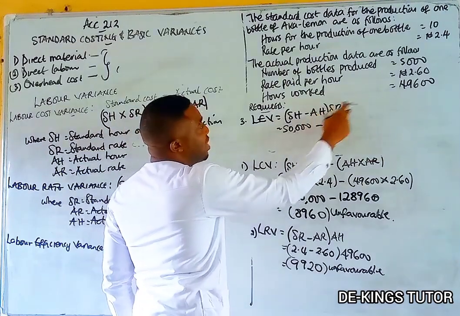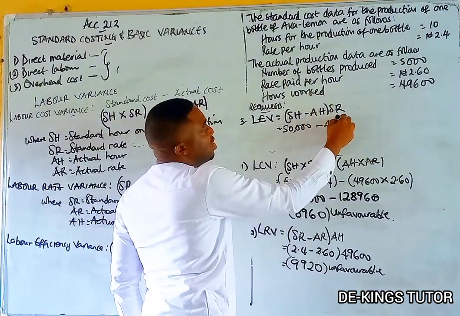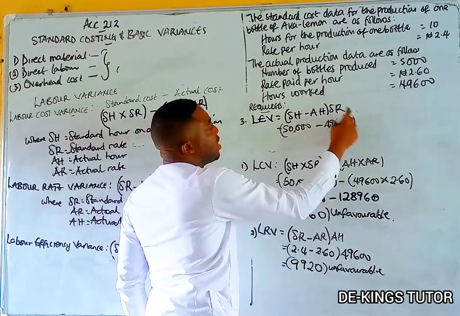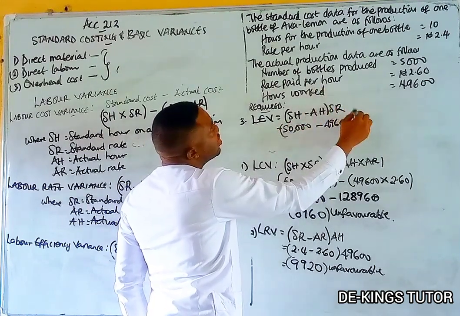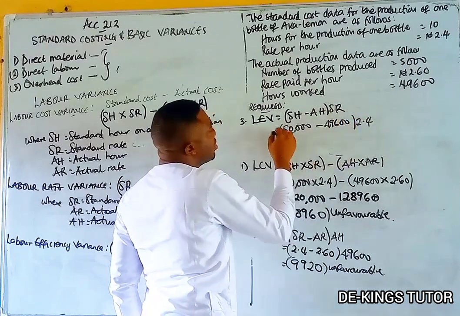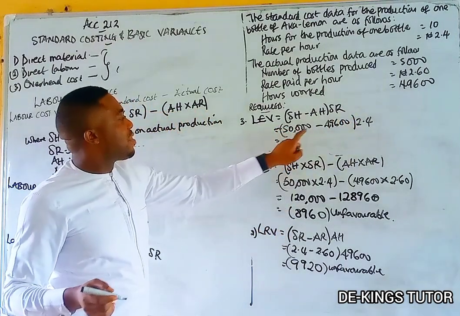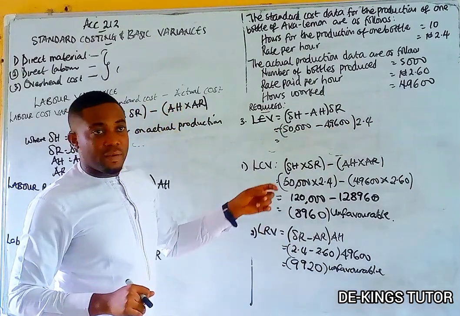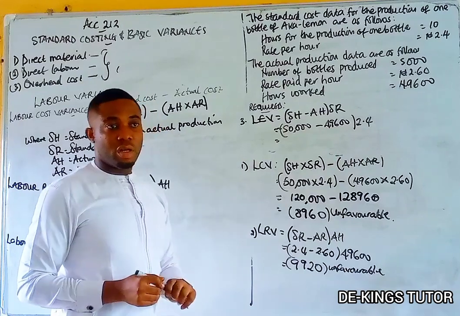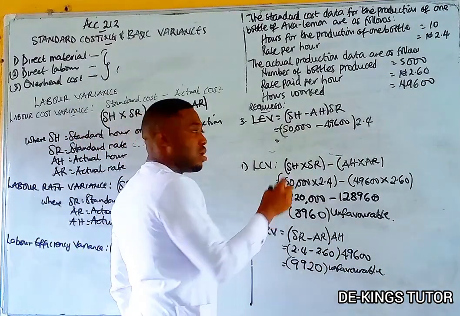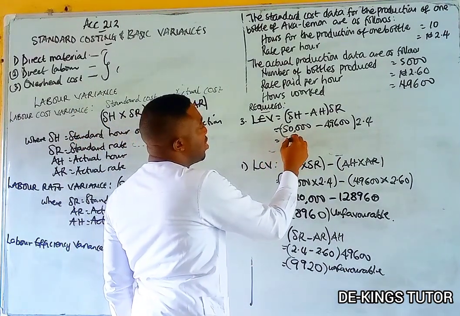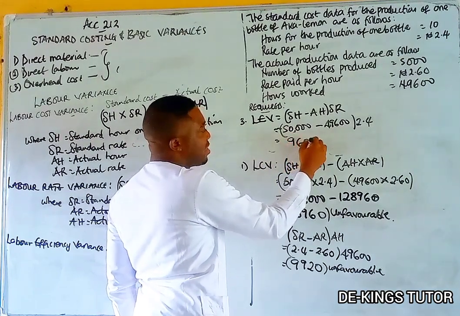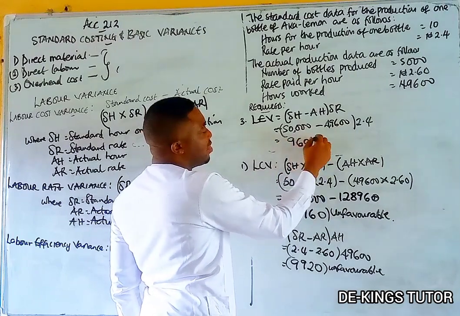Then actual hour, what's the actual hour? 49,600. So 50,000 minus this gives us 400 times 2.4. 960. Is it favorable or unfavorable?